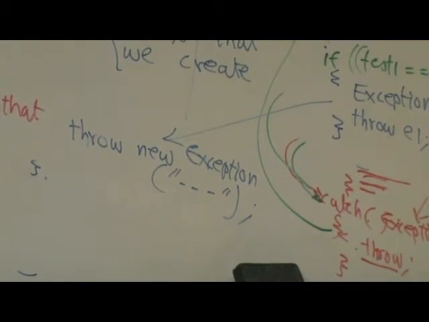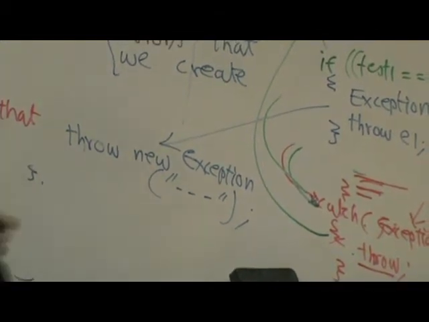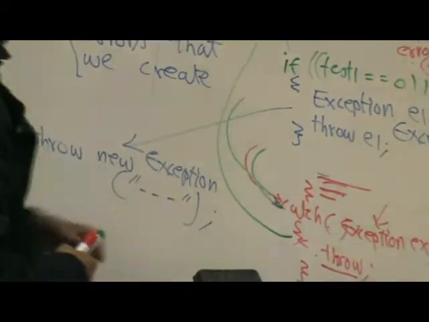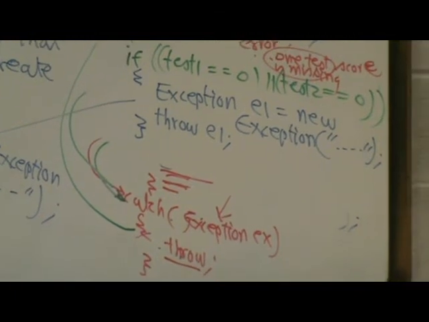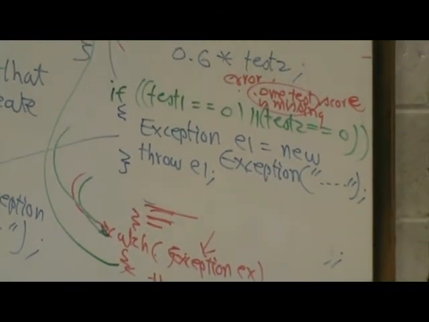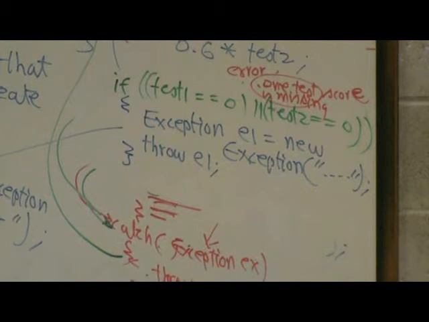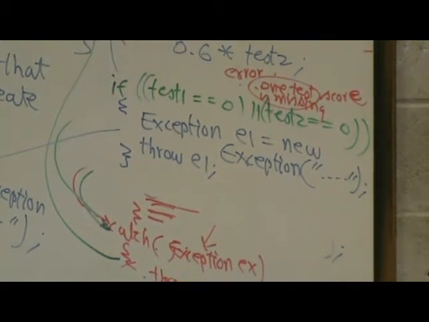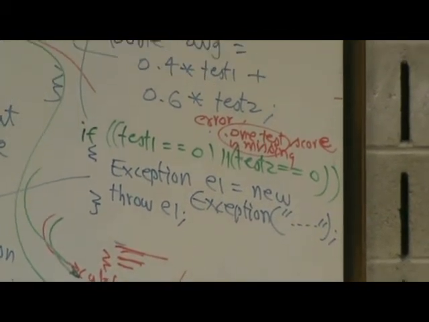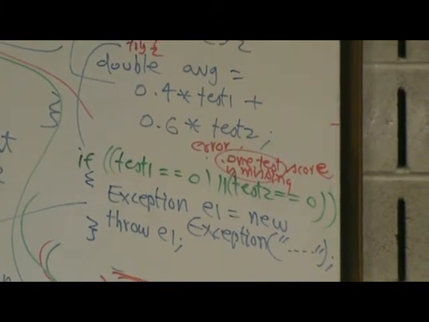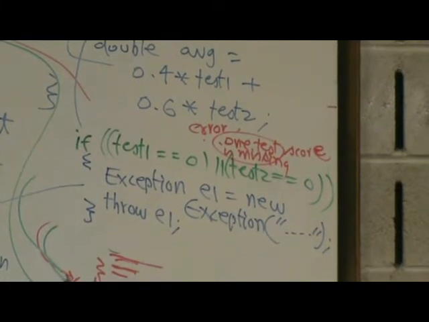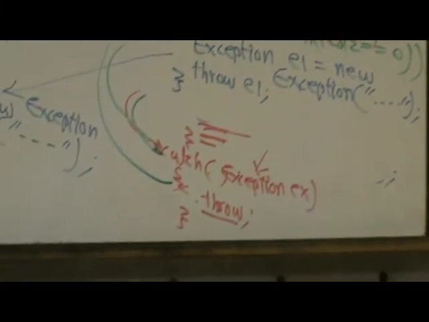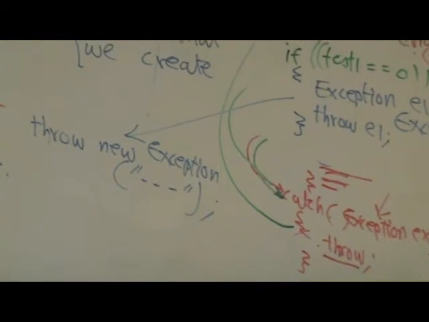So the second solution, like I was saying, is rather than us creating an object of the base class, if you are creating a really professional application and there are many business rules that you need to properly check and report if there's a violation, you can create your own exception class.